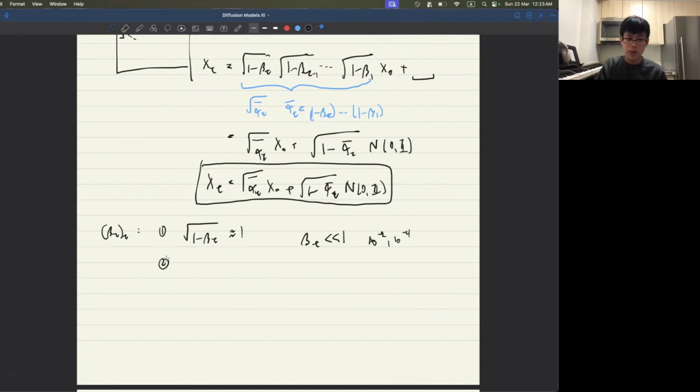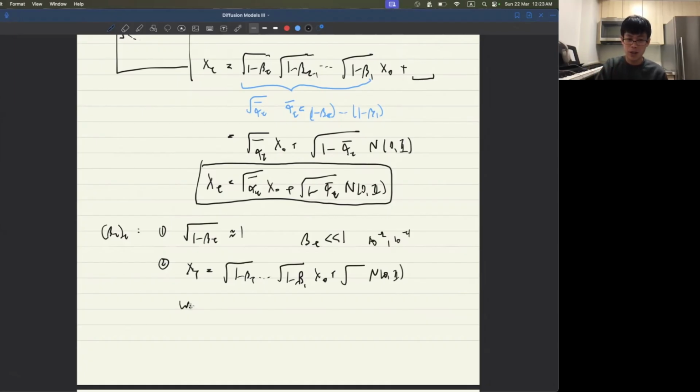And the other principle is that by this n-step equation, we want to completely erode the image at the end of t time steps. And we know that xt is equal to square root 1 minus beta t multiplied by 1 minus beta 1 x0 plus the corresponding coefficient of some noise. So we want this combined multiplier to be very close to 0. And this will symbolize that we have completely eroded the image.